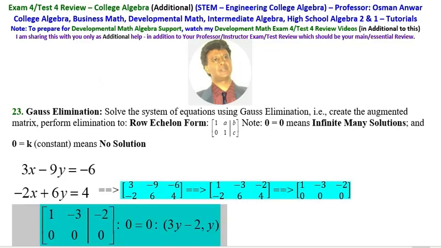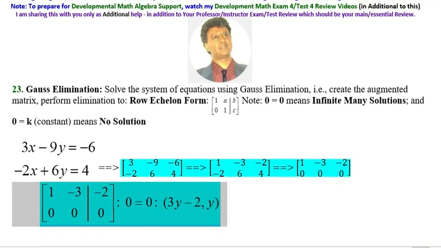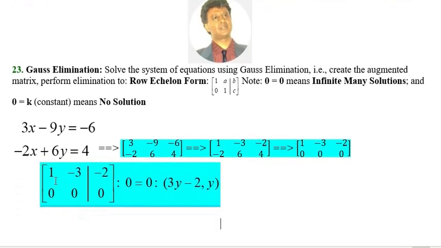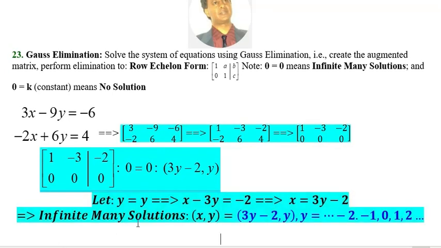So that means you have x times 0 is 0, y times 0 is 0, and that is equal to 0. That is 0 equals 0. That means you have infinitely many solutions. To get those infinitely many solutions, let y equals y, y will be the independent variable, then x is going to depend on y.